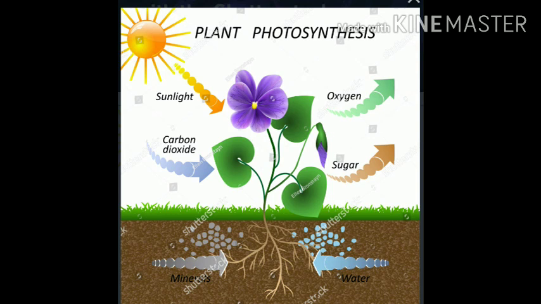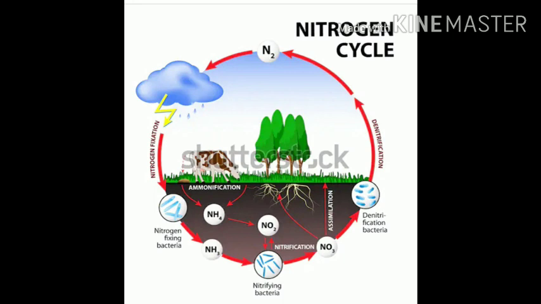Nitrogen is an essential element used in the synthesis of proteins and other compounds. It is taken up in the form of inorganic nitrates or nitrites, or it is taken up as organic compounds which have been prepared by bacteria from atmospheric nitrogen.